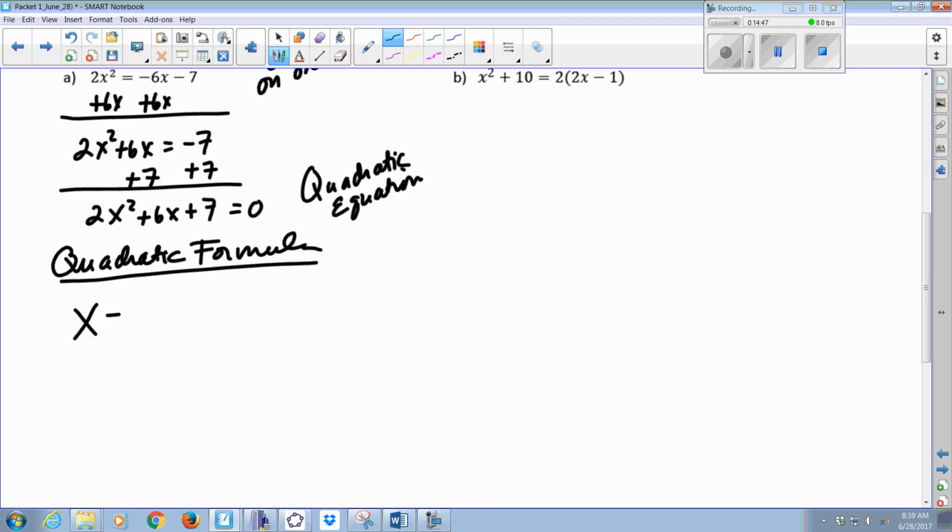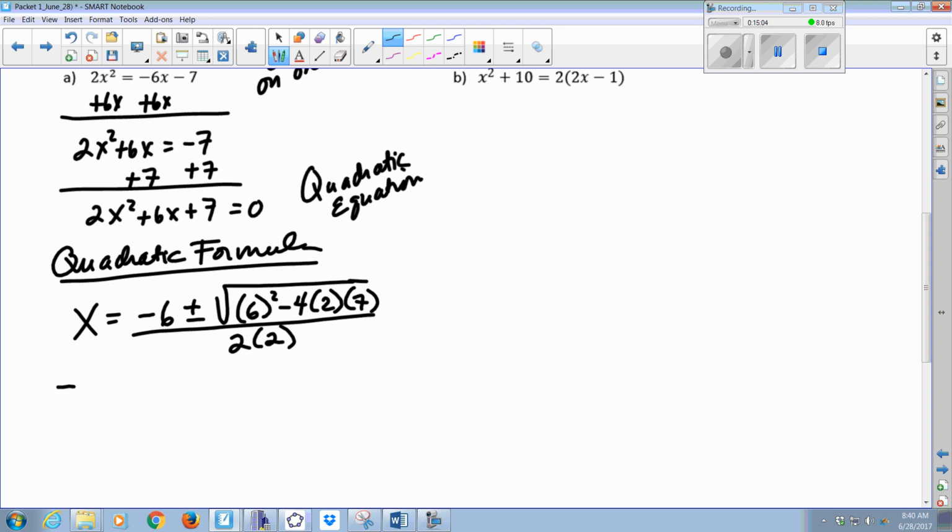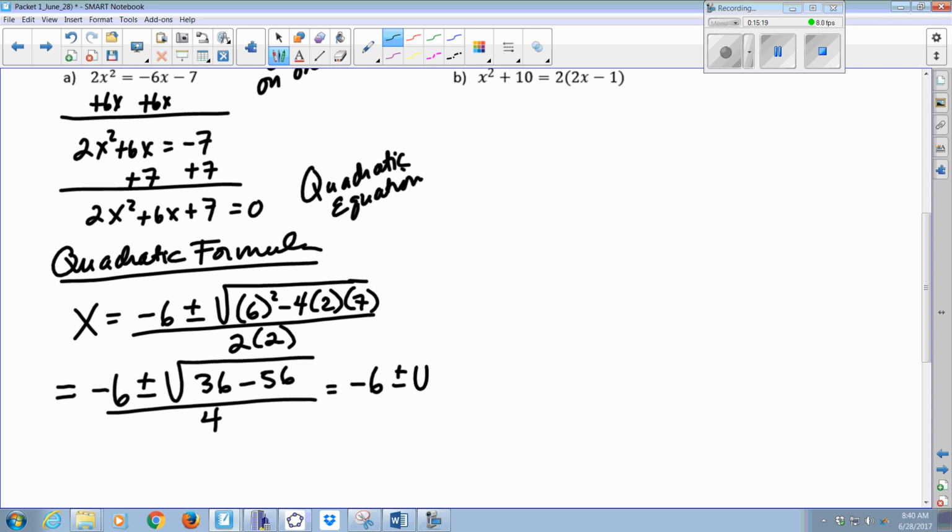So x equals the opposite of b plus or minus the square root of b squared minus 4 times A times C all over 2 times A. So this equals -6 plus or minus the square root of 36 minus 56 all over 4, which equals the opposite of 6 plus or minus the square root of -20 all over 4.